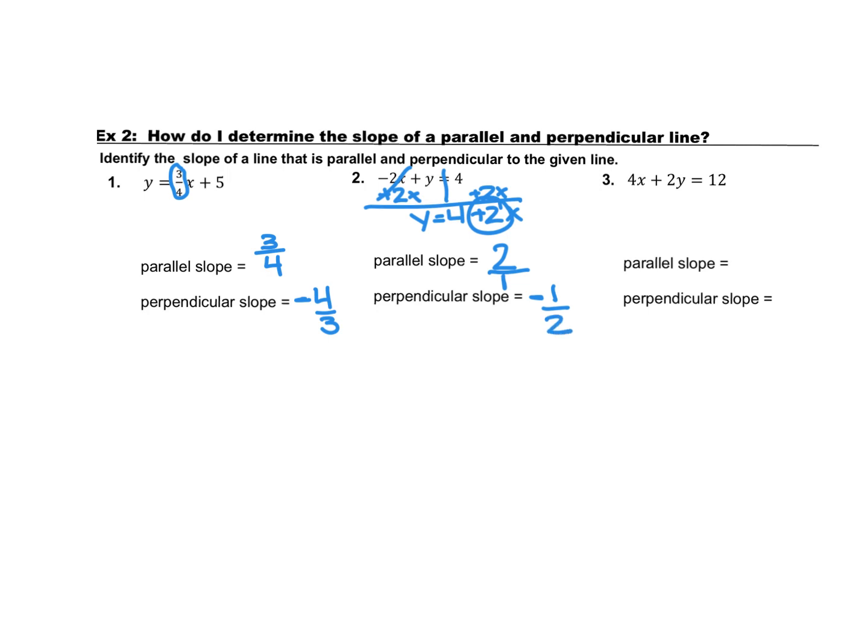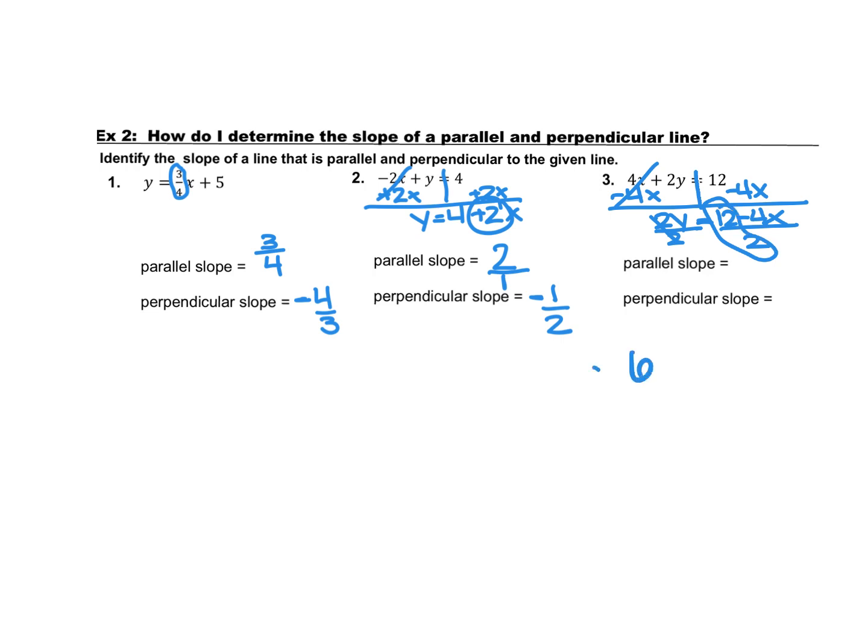All right, so for the third example, we're going to have to solve for y. So we have to start by minusing the 4x. So we have 2y is equal to 12 minus 4x. And then we're going to have to divide by 2. And remember, when we divide, we divide every term.